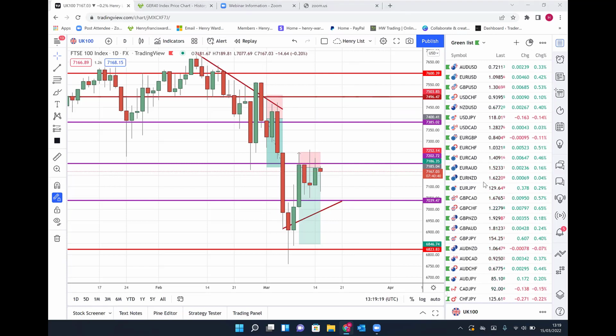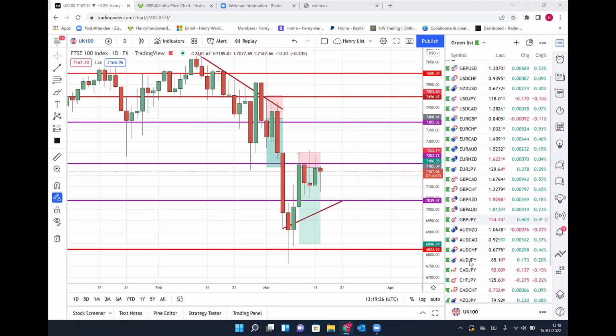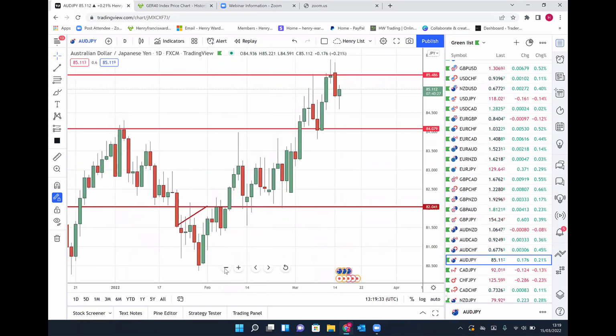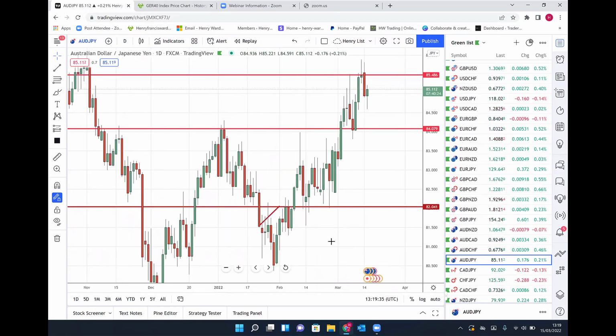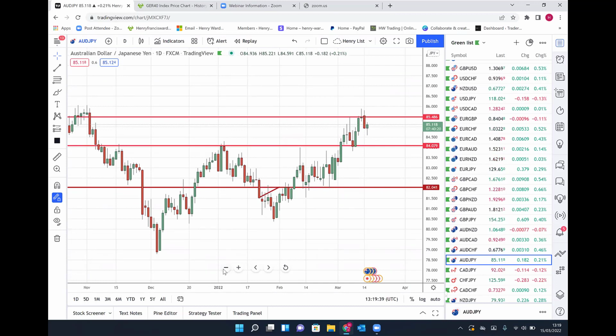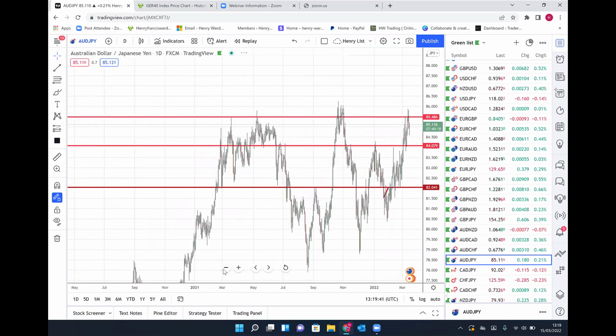So Aussie JPY, NZD JPY. We've had a little bit of momentum on the Aussie dollar to the upside.